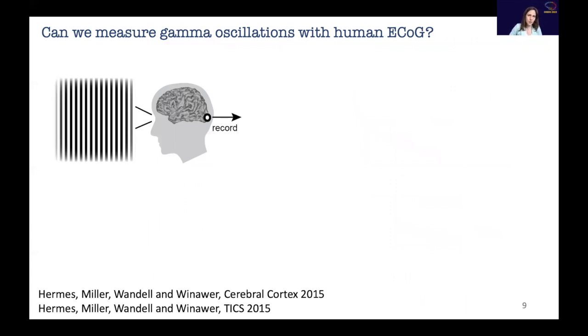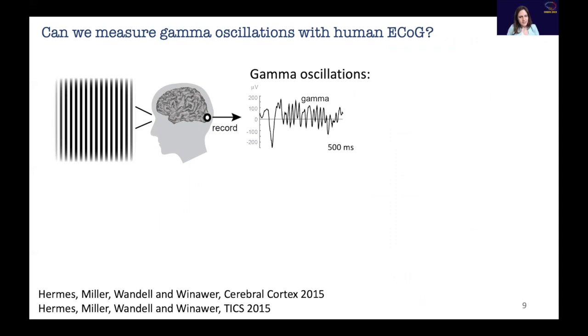So we had a few patients with epilepsy who had early visual electrodes implanted, and we showed them a grating. Here you can see a single trial. You can see a clear ERP evoked by this particular stimulus, and then a gamma oscillation visible on a single trial basis in human ECoG recordings.